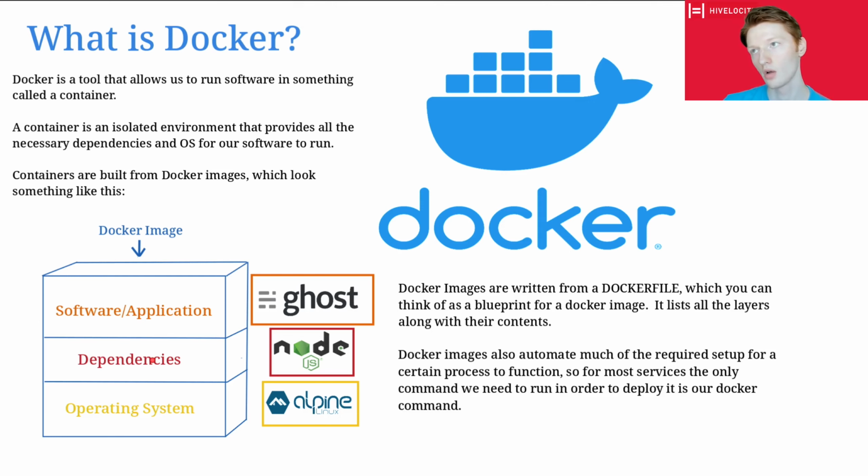And Docker images are written from something called a Docker file. A Docker file lists everything that Docker needs to download, like the stuff we have to the left. But it not only does that, it also lists all the steps that Docker needs to do to bring up the software. So this could be create a folder, copy files, assign permissions to a directory so that a user can interface with it.